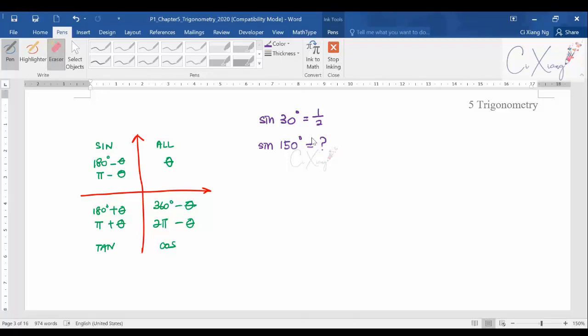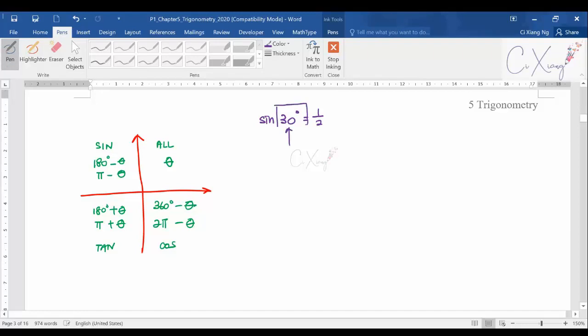Now I want to link all these values. So you know the basic, the 30 here. The angle 30 is in the first quadrant. It is an acute angle. Sometimes I will call all the acute angles a basic angle.